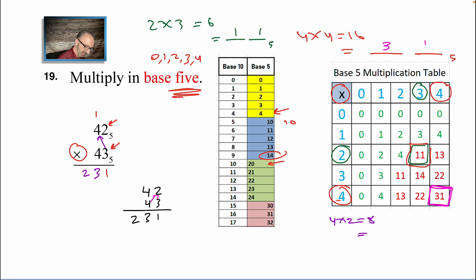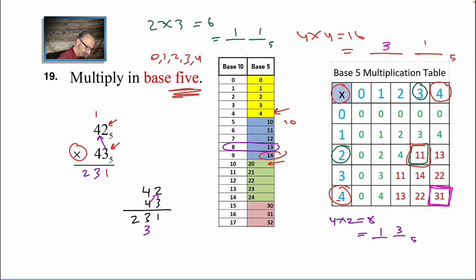But 8 in base 5 is what? 1 five and 3 units. So that's going to be 13. We move 1 place to the left.